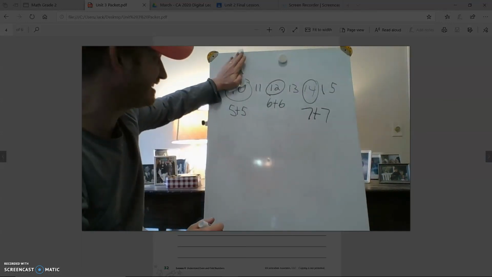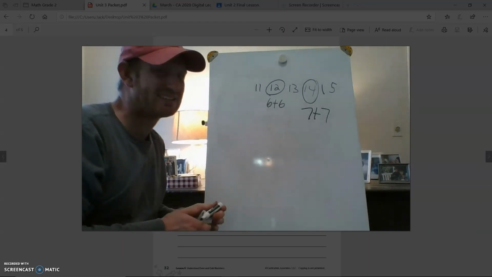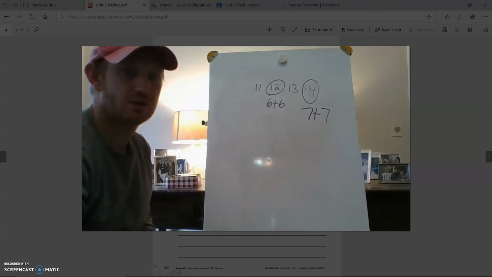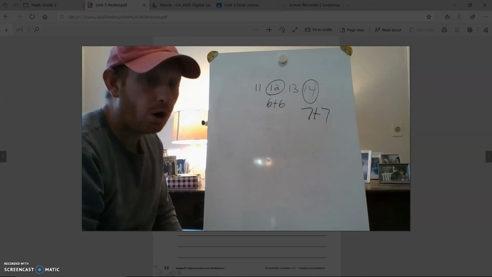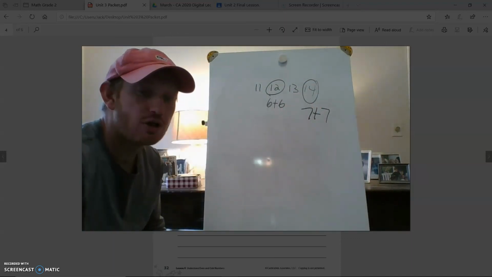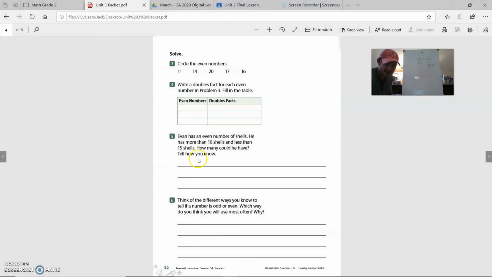He doesn't have 10 because it tells us he has more than 10. And it tells us that he has less than 15. So he could have 12 or he could have 14. And the reason is those are the only two numbers that have doubles facts. So that's what you would put in for number 5.